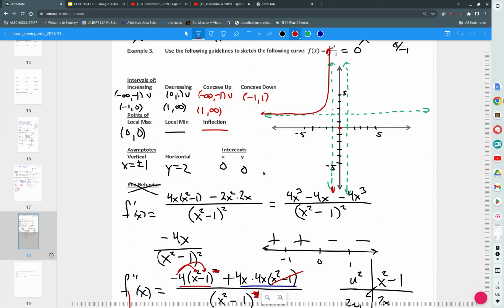So I'm increasing, but I'm concave down. And then it is decreasing immediately after that. After that, it continues to decrease, and then it is concave up. So the only way to draw decreasing and concave up is on this side to do that.